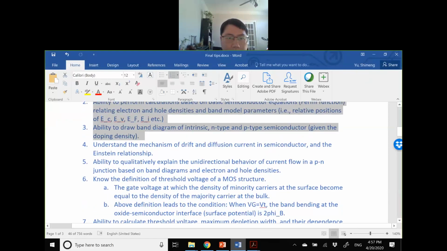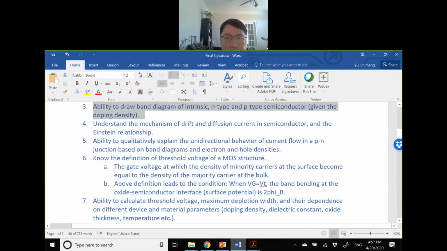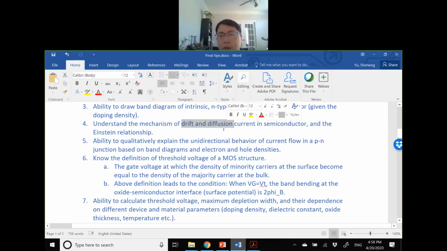And then understand the mechanism of the drift and diffusion current in semiconductor and the Einstein relationship. So this is about the transport of the carrier. There are two ways to move the carrier, electron or hole, in the semiconductor.